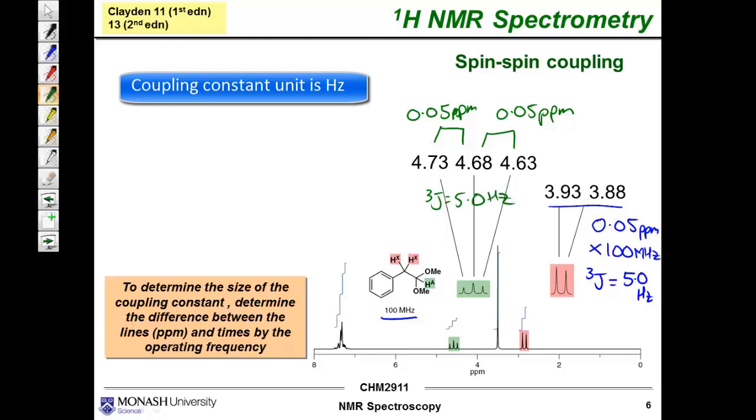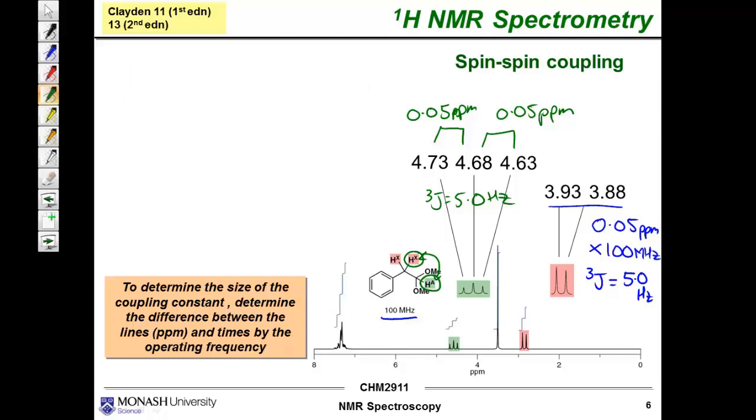And that makes sense because HX will couple to HA and HA will couple back to HX. So you would expect them to have the same size coupling constant because that 3J is telling us that it's the interaction between HX and HA in a frequency context.